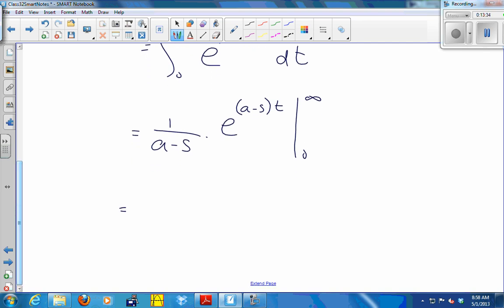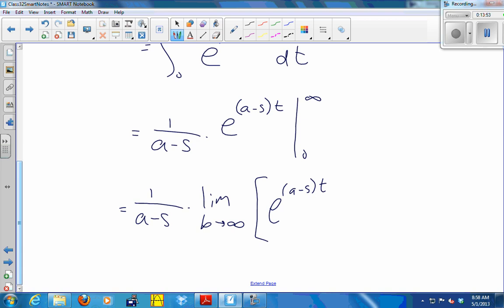So the way we evaluate from 0 to infinity is we evaluate from 0 to b, some value b, and then let b go to infinity. So I'm going to take the 1 over (a minus s) out. Limit as b goes to infinity of e to the (a minus s)t, evaluated from 0 to b.